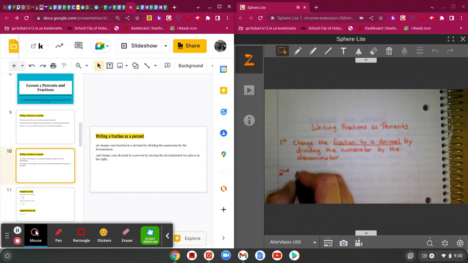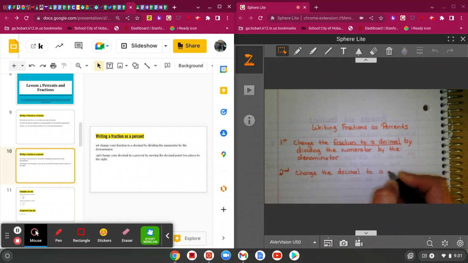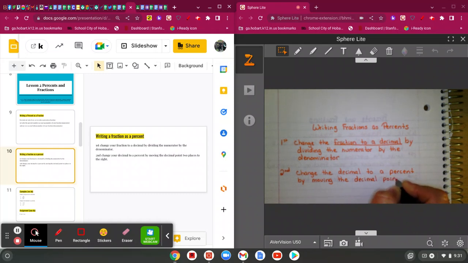So your second step, you're going to change your decimal to a percent by moving the decimal point two places to the right.